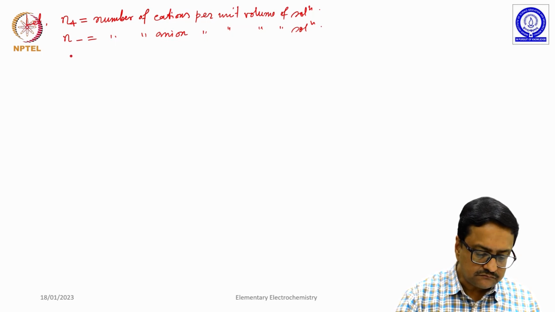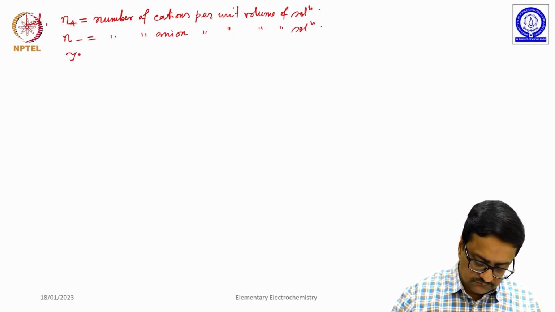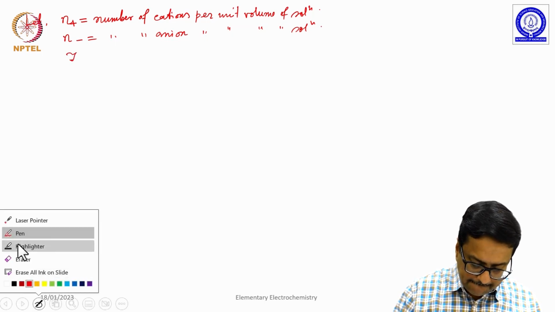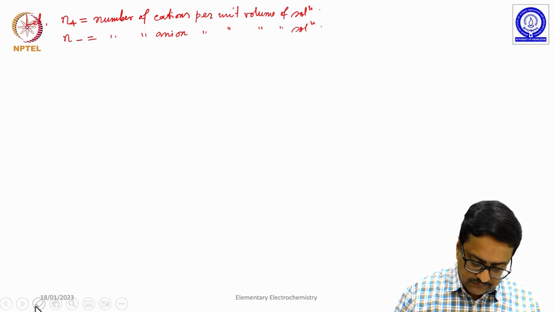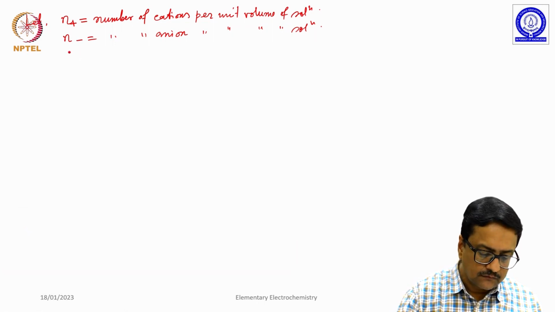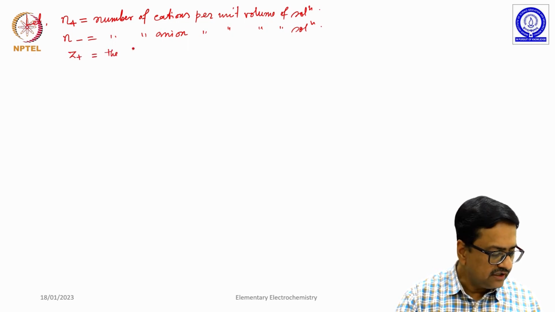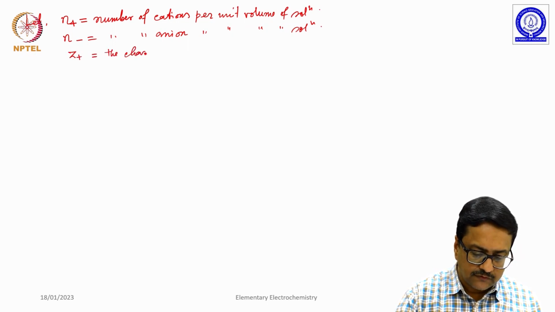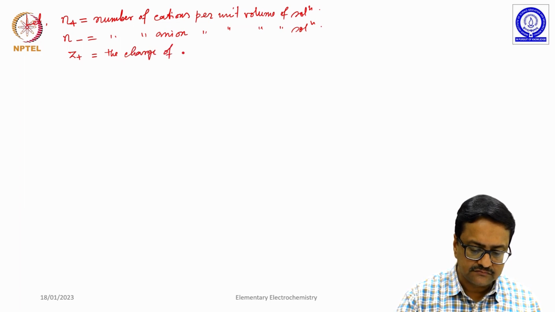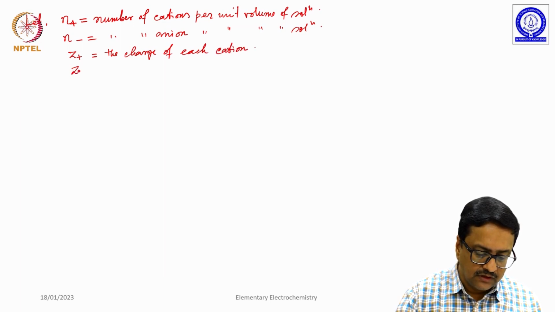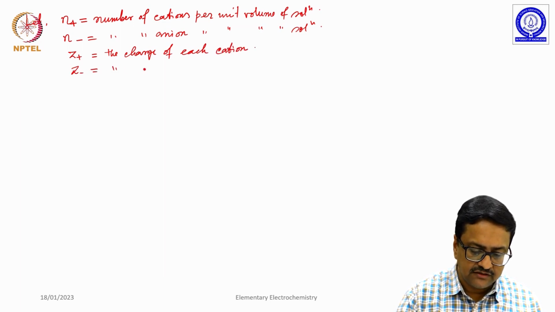Similarly, Z plus is the charge of each cation and Z minus is the charge of each anion.